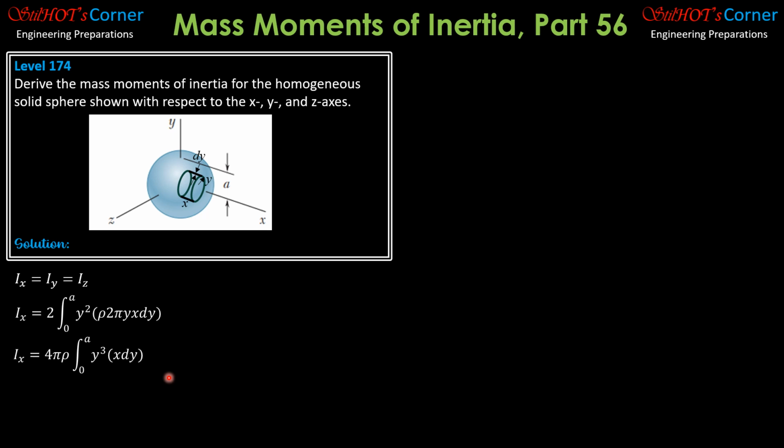Now, what's the relationship between x and y? So let's now reveal it here. This is the circular part, which is here in this quadrant, and this is the length of the strip, which I told you is x. That's the rectangular strip x, and the thickness is dy, and the radius or distance of the centroid of this rectangular strip from the x-axis, which is here, is y.